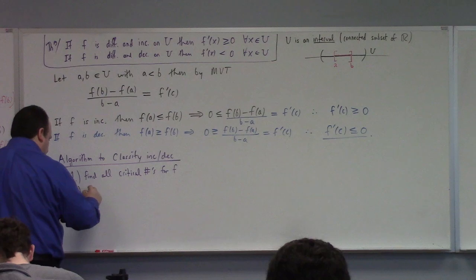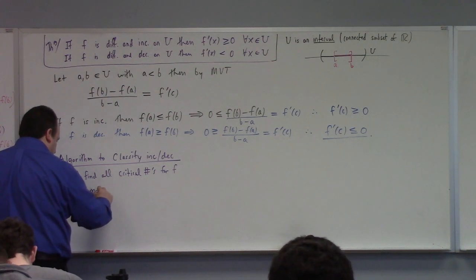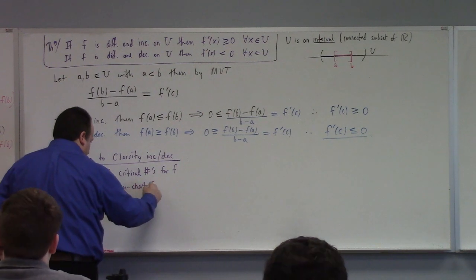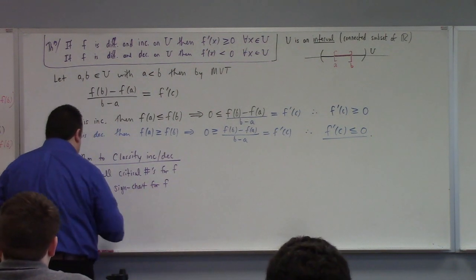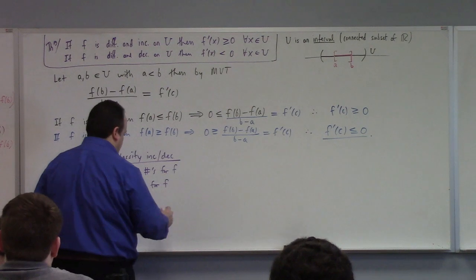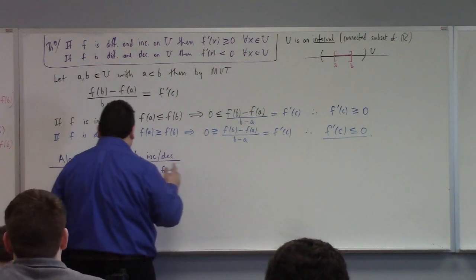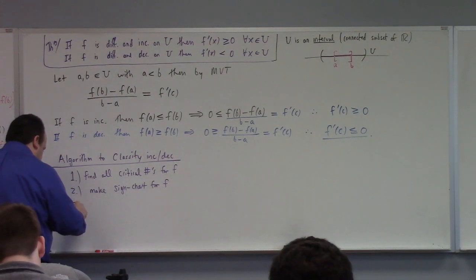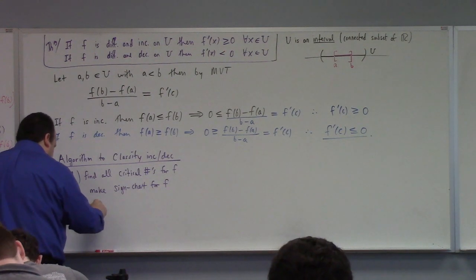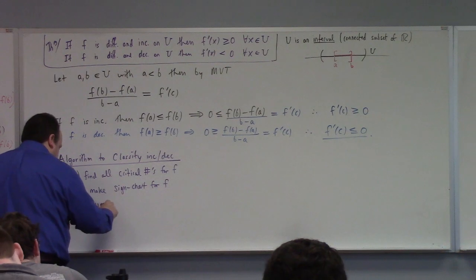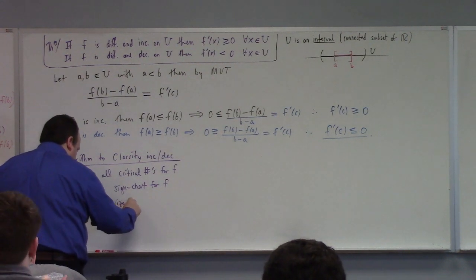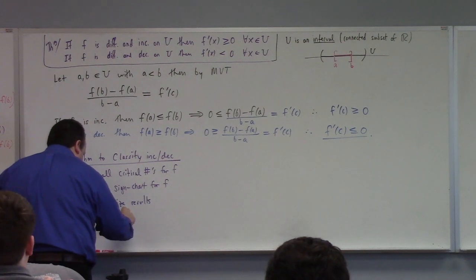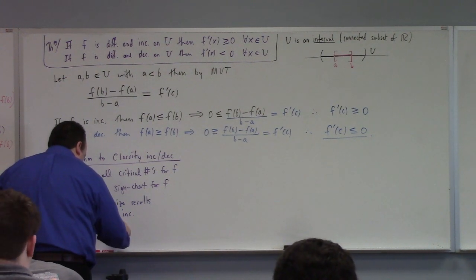Number 2, make a sign chart for f. I will give examples which make this clear. And then number 3 is just summarize the results. So plus is increasing, minus is decreasing.